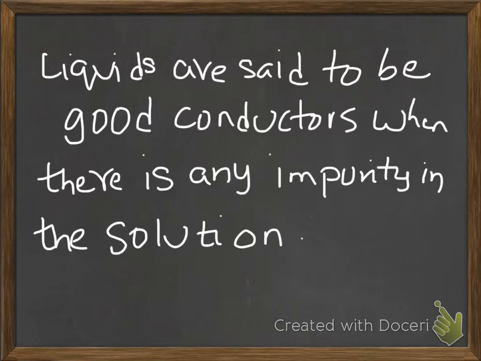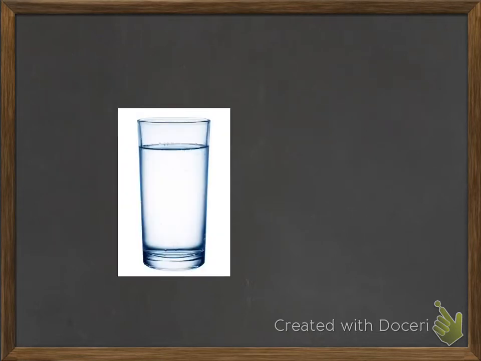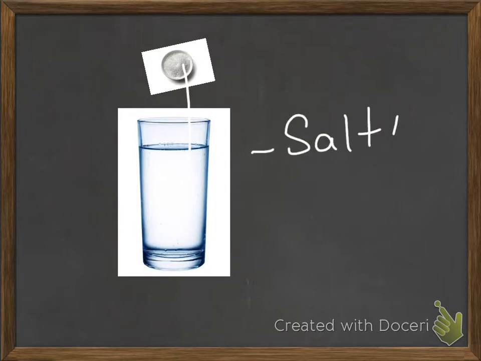So let's take an example. Let's think of this glass of water as pure water. There's no impurity present in it. So this water is a bad conductor of electricity due to the absence of impurities in the solution. Now let's add some salt into it. If we add some salt from the bowl to the water, what happens? It becomes salt water.